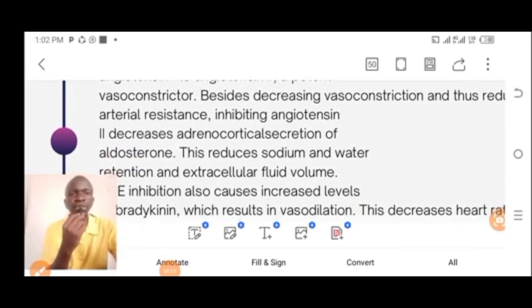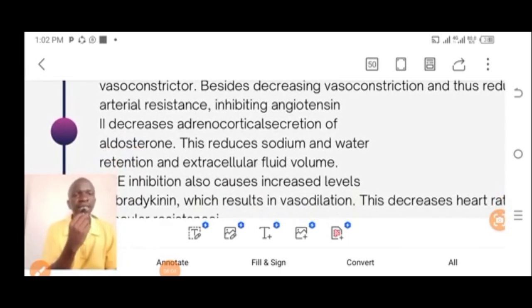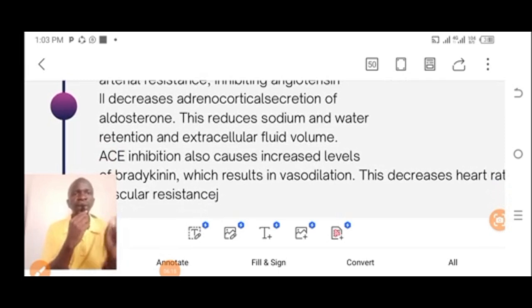The second action is that it also decreases adrenocortical secretion of aldosterone. So how does the inhibition of aldosterone secretion become important?